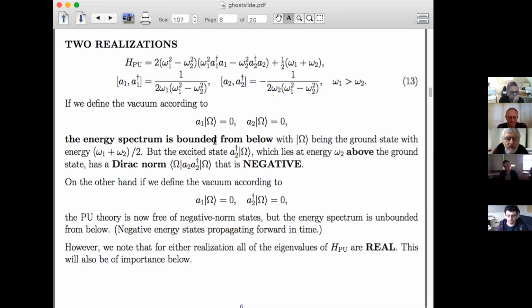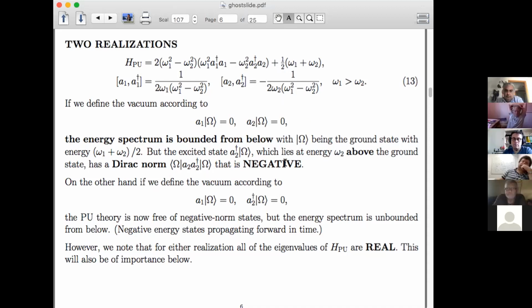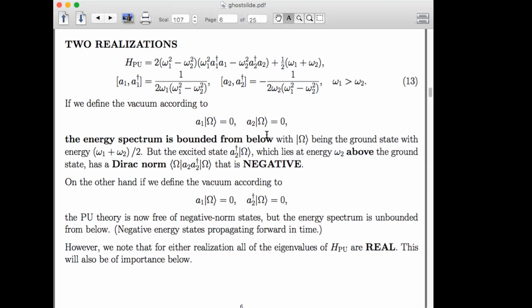So in fact, you finish up with an energy spectrum that's bounded from below. Omega is the ground state. It has the zero point energy, a half of omega 1 plus omega 2. But if you look at the excited state A2 dagger omega, which lies at omega 2 above the ground state, it has a Dirac norm, vacuum A2 A2 dagger vacuum, that is, because of this minus sign, negative. So you can avoid states of negative energy, but in turn, you have to have states of negative norm.